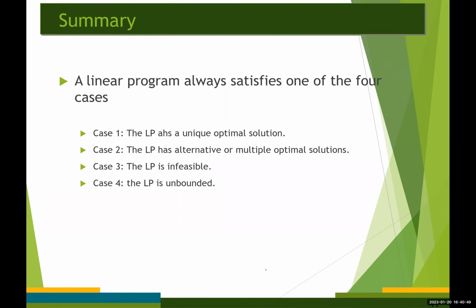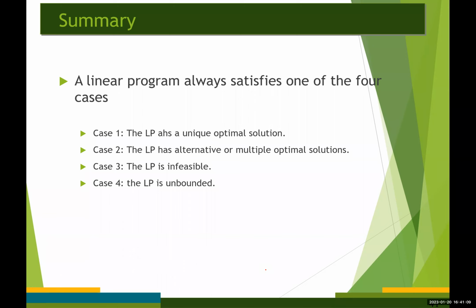Okay, so in summary, we see that every LP must fall into one of these 4 different cases. Keep that in mind. The first case, the LP has a unique optimal solution.